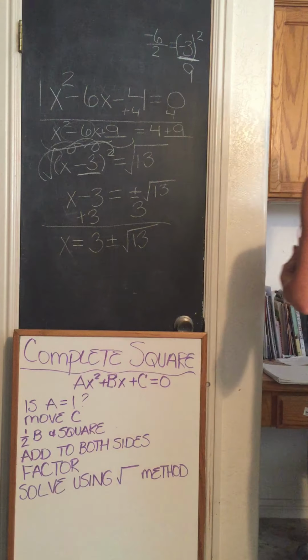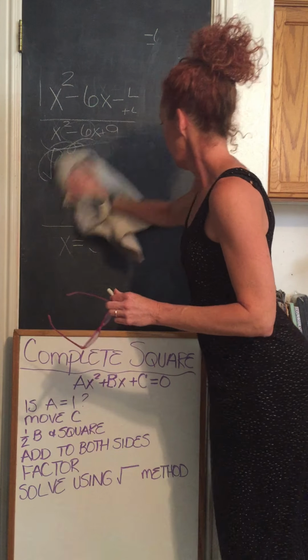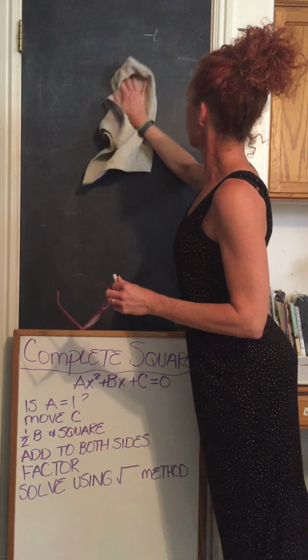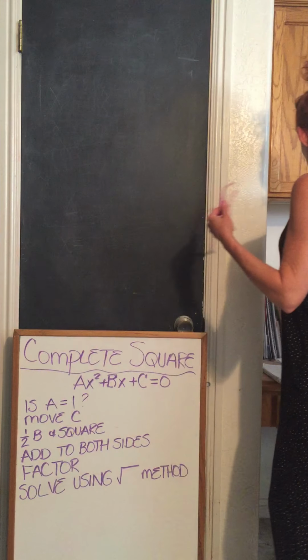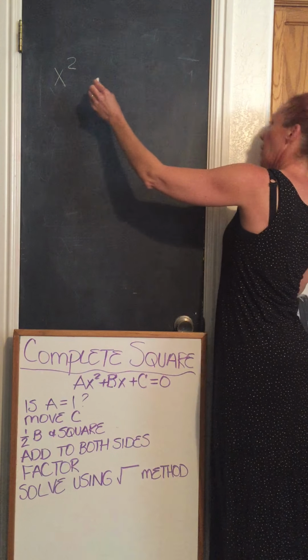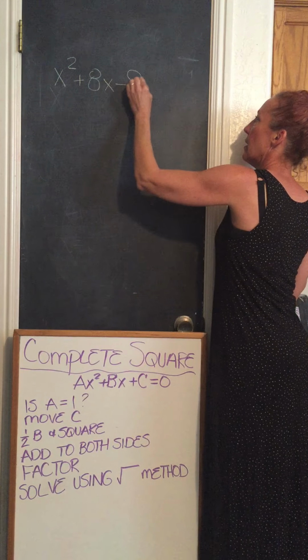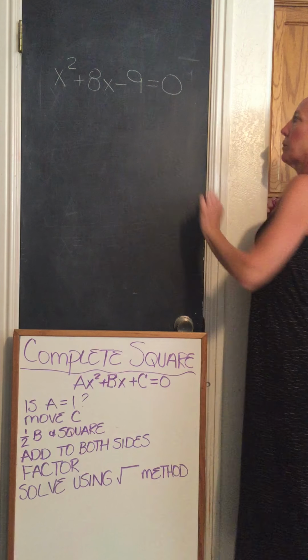One more example, just to make sure you've got it. X squared plus 8x minus 9 equals 0.